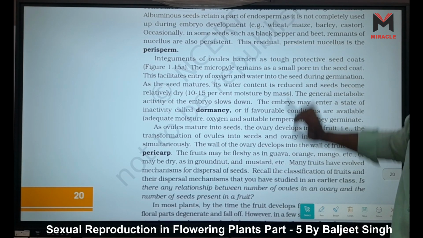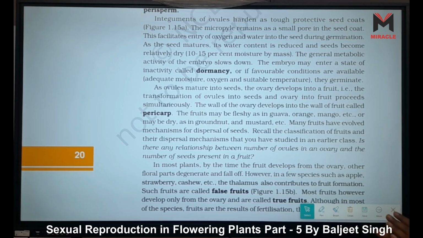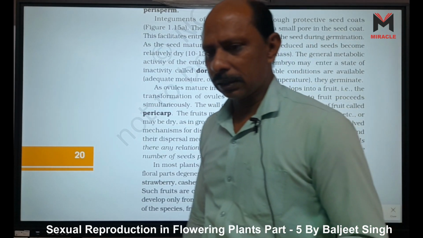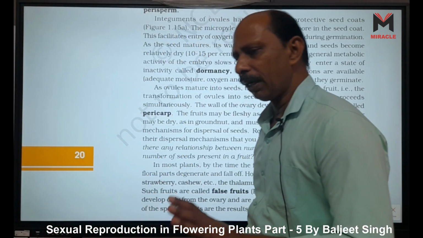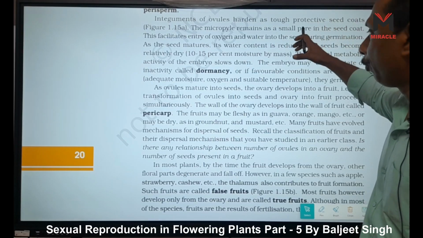Integuments of ovules harden as tough protective seed coats, right? Because they are made up of sclerenchyma cells. Sclerenchyma means sclereids, right? So these integuments are made up of dead cells. So they are hard and tough because they have to protect the seed.